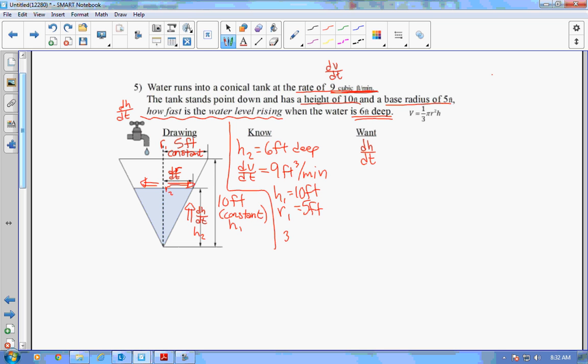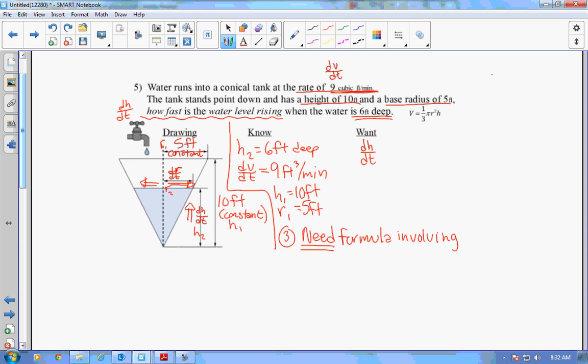Step 3 is we need a formula that's in, with respect to what two categories? We need a formula involving what?